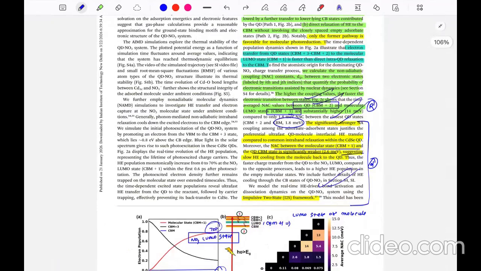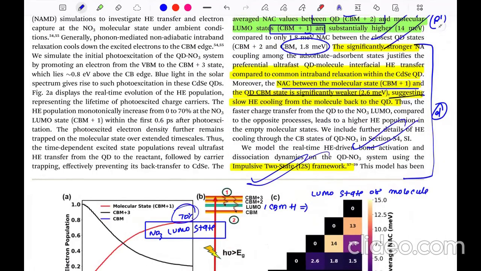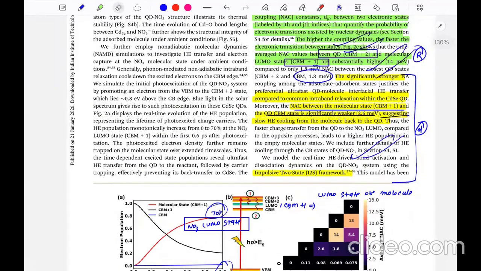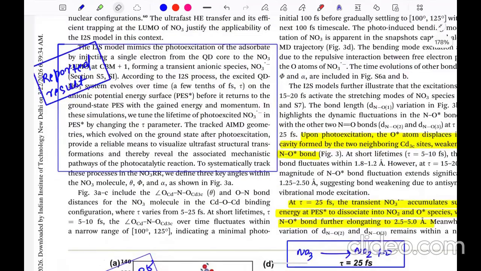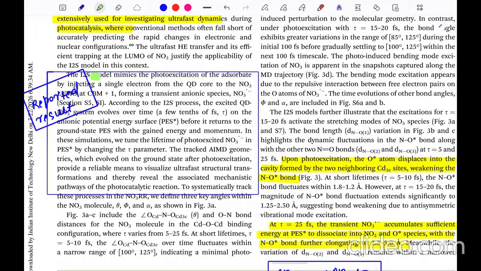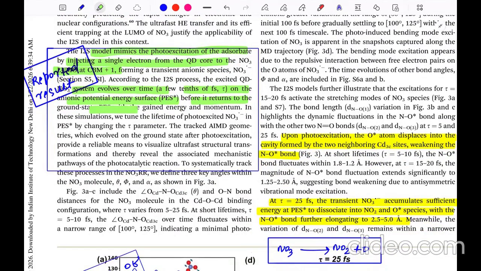And also here one model is used, the impulsive two-state framework. This is also previous work you can think of, and this has been used to give a clear perspective on what we have done in this paper. This is the impulsive two-state model that mimics the photoexcitation of the adsorbate by injecting a single electron from the quantum dot core to the NO3 molecular state, and then in the excited state, the molecule will evolve over a time of a few femtoseconds on the anionic excited state potential energy surface before it returns to the ground state potential energy surface.